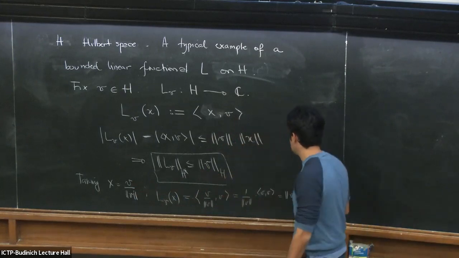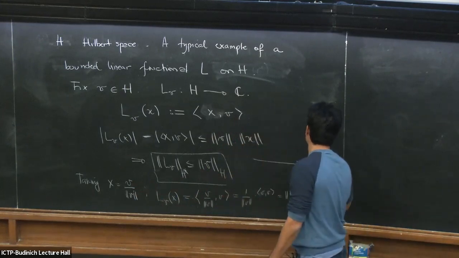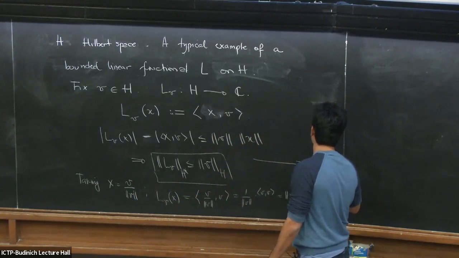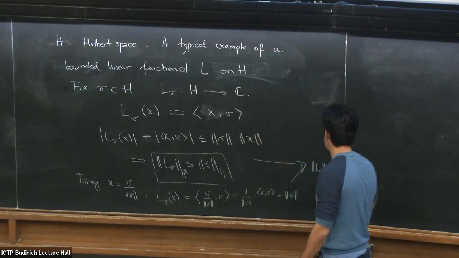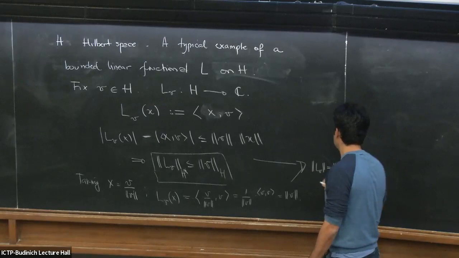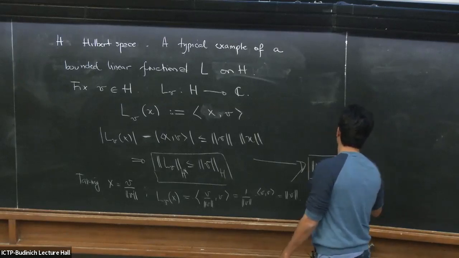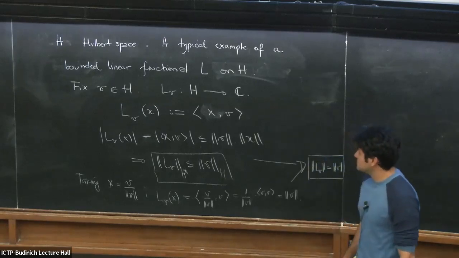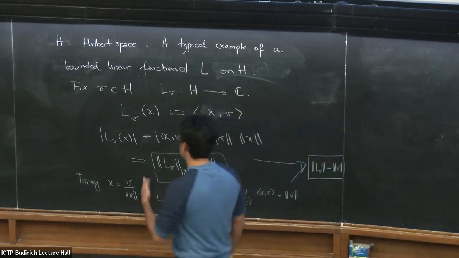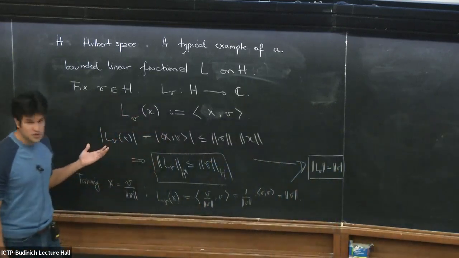So these two imply that the norm of this functional LV is, in fact, the norm of the vector V.